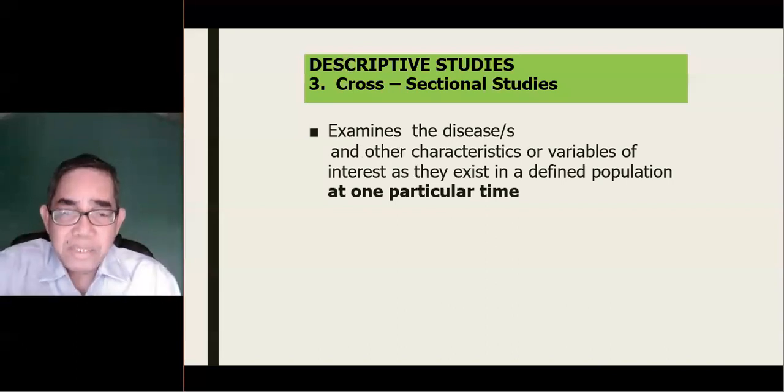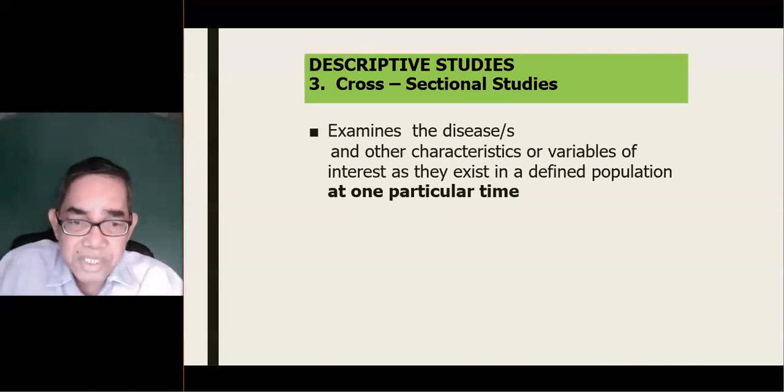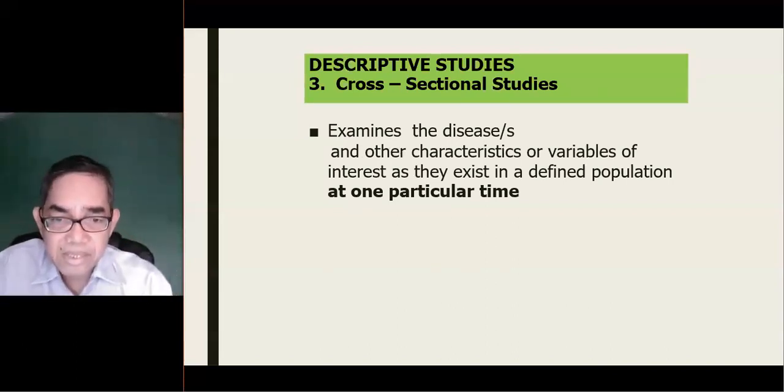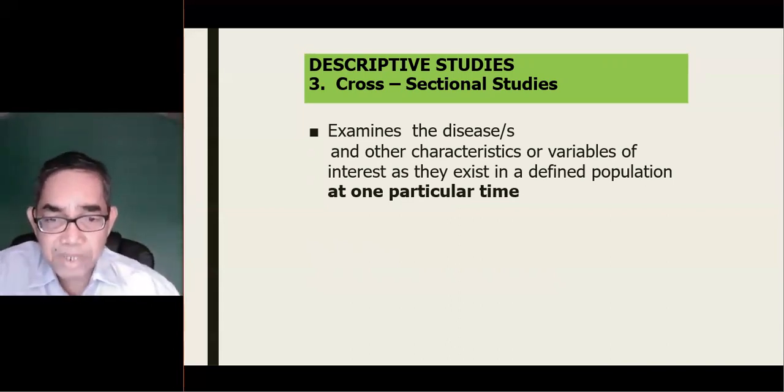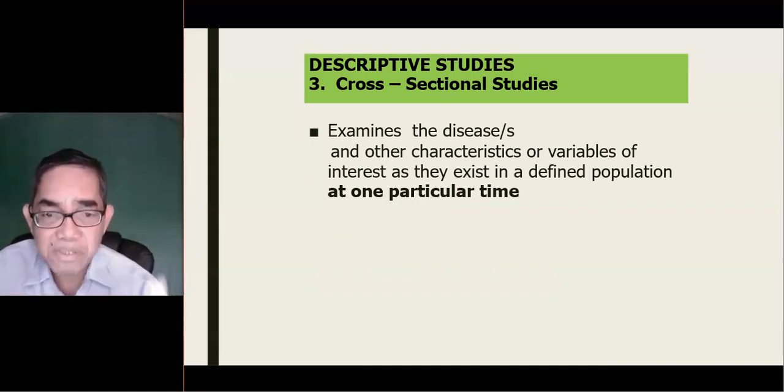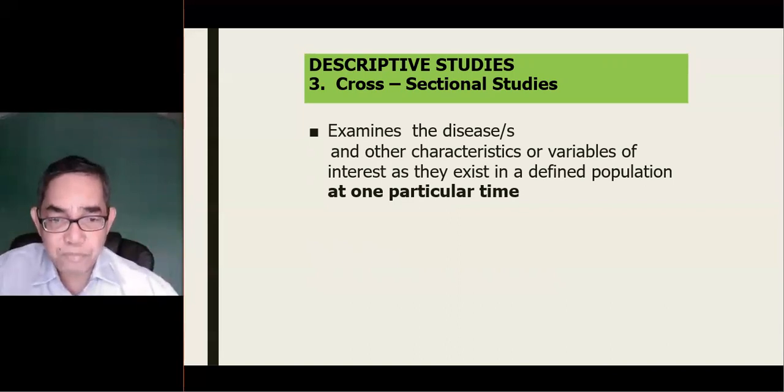Now, in a descriptive cross-sectional study, we examine the disease and other characteristics or variables of interest as they exist in a defined population at one particular point in time. And I would like to emphasize this.